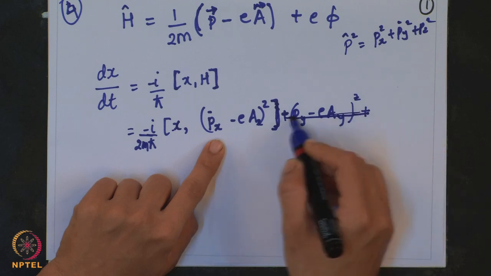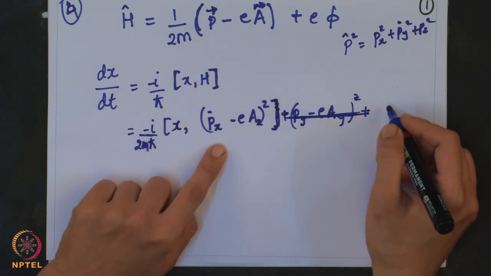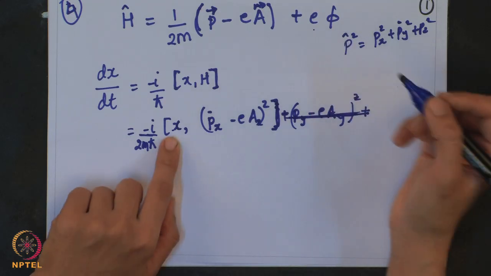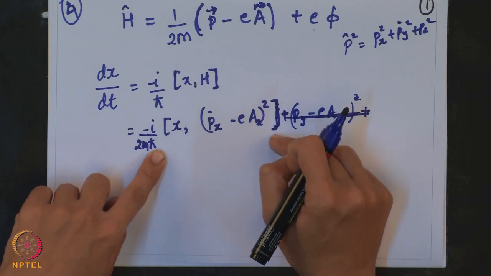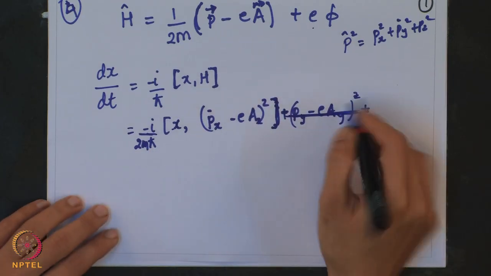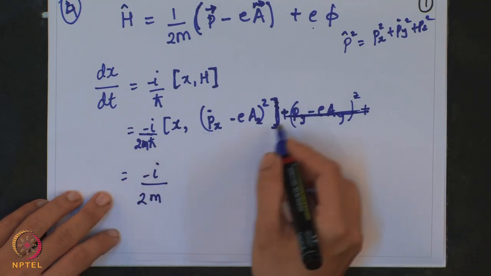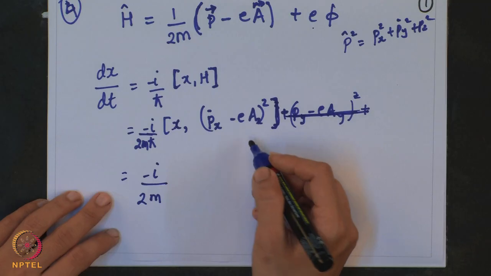The commutator of E phi with x will also be 0, so the only contribution through the entire Hamiltonian comes from this term. So, let us drop the other terms: minus i upon 2m times the commutator, and we know the commutator of x with p square gives 2 i h cross px.